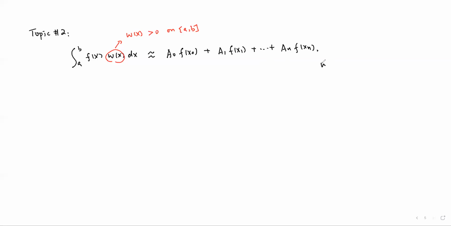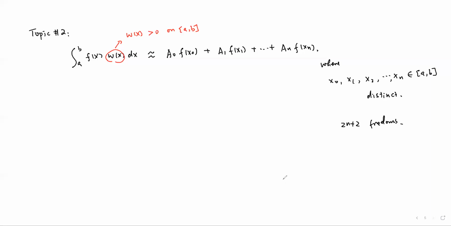Okay, of course, where I assume x0, x1, up to xn, the nodes, are all in this interval and distinct. Now we have 2n plus 2 degrees of freedom.